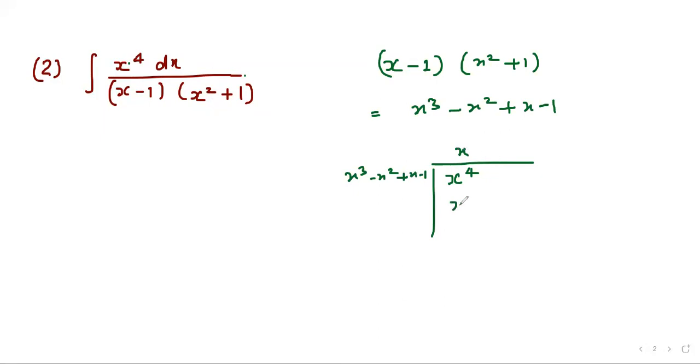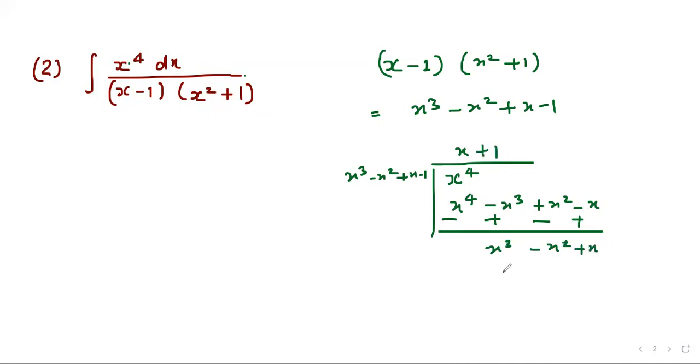So x times it will give x^4 − x^3 + x^2 − x. Changing sign, x^3 − x^2 + x. So 1 times x^3 − x^2 + x − 1.